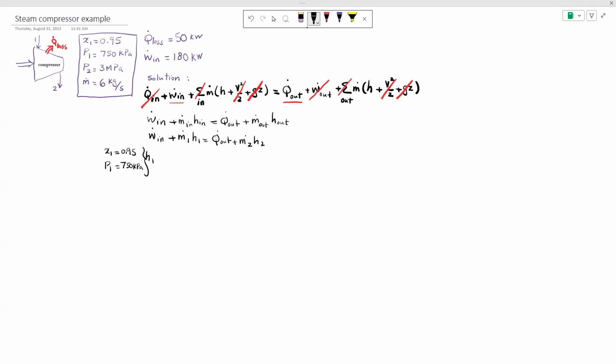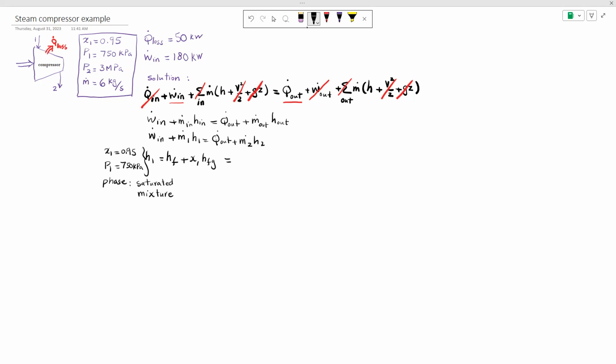This means that the phase is saturated mixture because the quality is given. So we need to use the formula for H for the saturated mixture, which is Hf at the given condition plus X1 Hfg. Now we can read those values from the table for saturated steam.